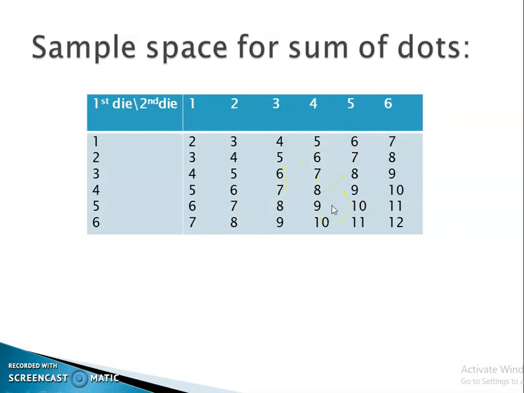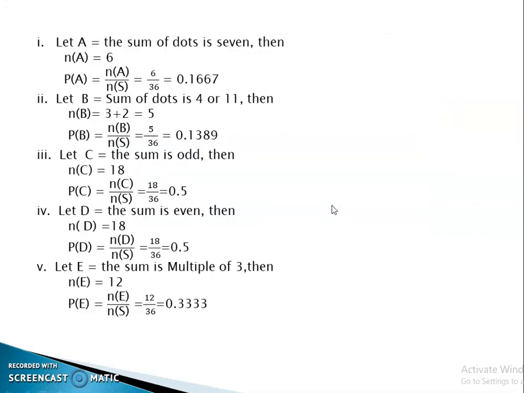So the favorable outcomes to the event A are 6, and probability of A equals favorable outcomes divided by total possible outcomes, which is equal to 6 over 36, and is 0.1667.